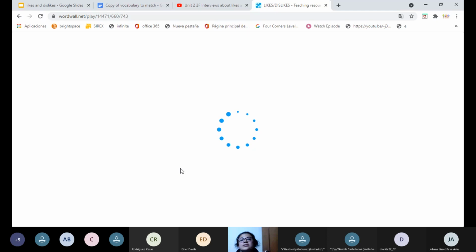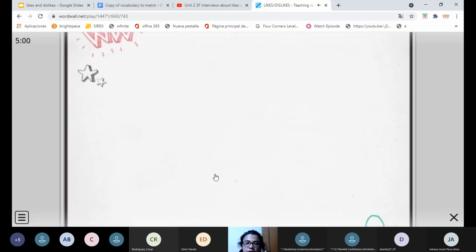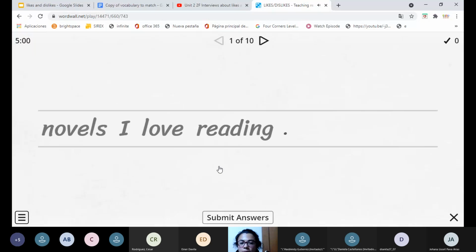And here, guys, what's the activity? What's your mission? You will have some sentences. What's the problem? They are not in order. You are going to place the words in the right order. So, for example, what's the first word here? We have 4 words: novels, I, love, and reading. The first word?